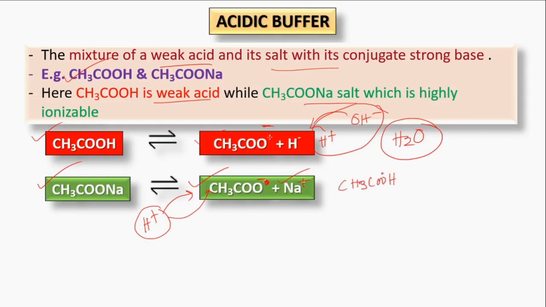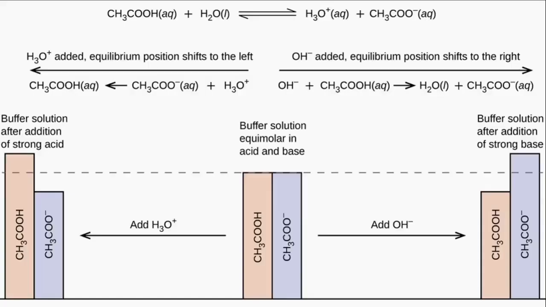That means the total volume of the acetic acid will increase if we add H plus ion, and if we add more hydroxyl ion, then the total volume of the acetic acid will be decreased. So as you can see in this slide as well, the acetic acid with water can dissociate in this way: hydrogen or hydronium ion and the acetate ion.